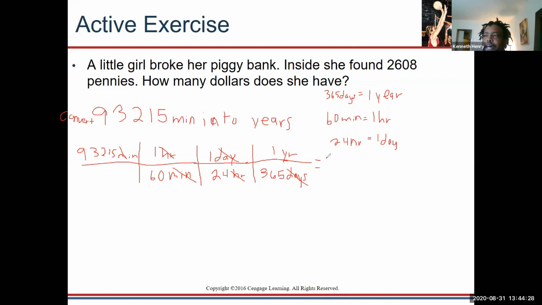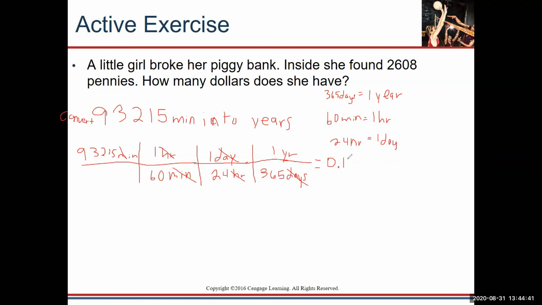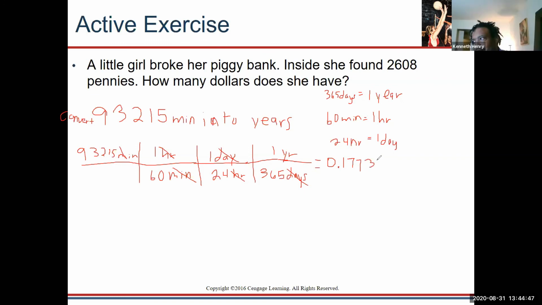Then you divided that by 24. Then you divide that by 365. So your answer should be 0.177, 34, 97. That's correct.